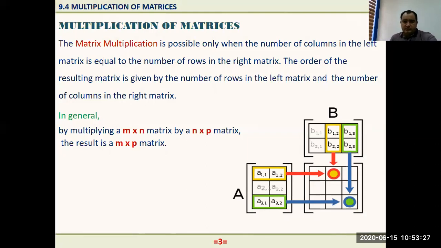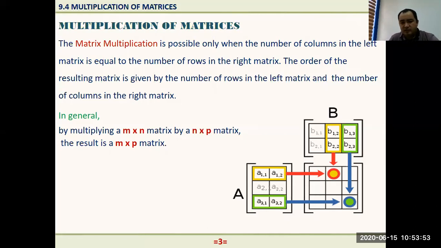Multiplication of matrices. Matrix multiplication is possible only when the number of columns in the left matrix is equal to the number of rows in the right matrix. Okay, so that's a definition. Mathematicians don't just introduce definitions all of a sudden. Definitions are born through a lot of experience.